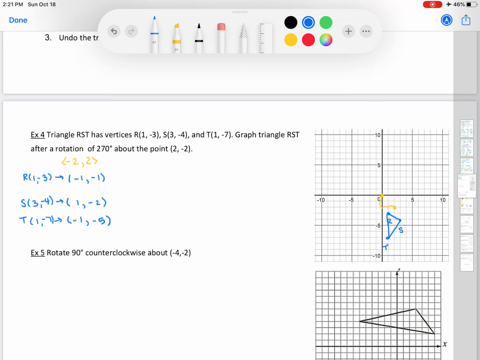So these are the points that I can use now with the rule, because the rule applied at 0, 0. So now I moved all of my points, including the point I'm rotating around, and all of the points I am rotating, so that I can make that rule possible. So the rule for a 270-degree rotation, I know that my x and my y flip, and that my second coordinate is going to change its sign.